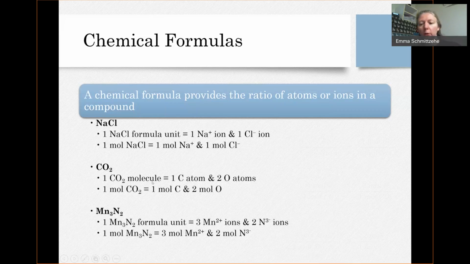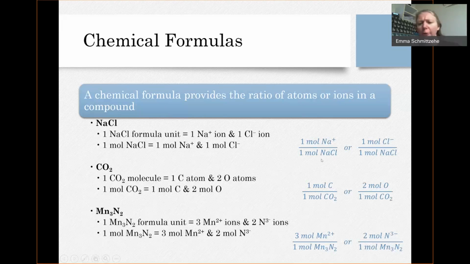So from all of this information, I've written a few ratios. Okay, now I haven't written all of the possible ratios that you could, but to give you an idea, we can write 1 mole of Na plus over 1 mole of NaCl, or 1 mole of Cl minus over 1 mole of NaCl.